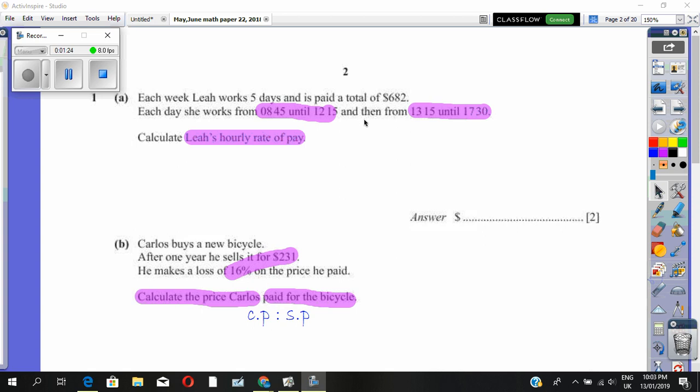Then we divide those 5 days' working hours into the total paid, which is $682, to get the hourly pay. Another method is we can divide 682 by 5, which is basically her pay for 1 day. Then we find the working hours in 1 day and divide to find Leha's hourly rate of pay.